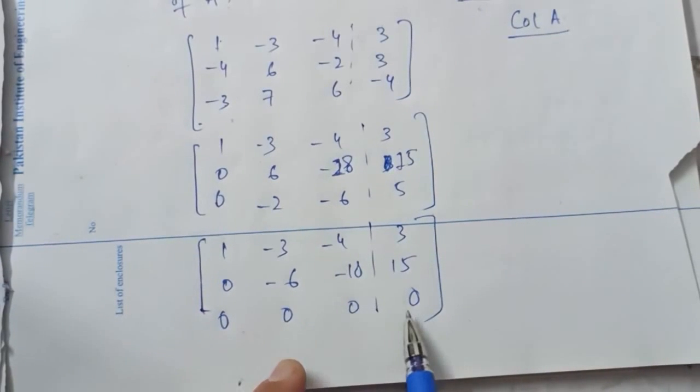Now, what we can see here is that the solution is actually consistent, because this is 0 equals 0, so there is no anomaly here.